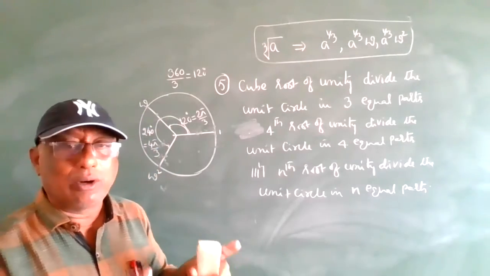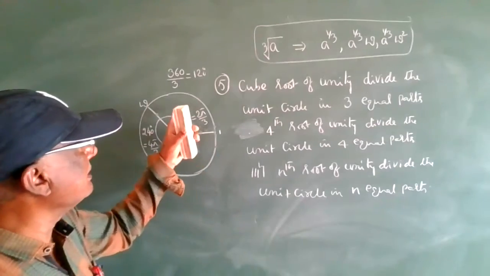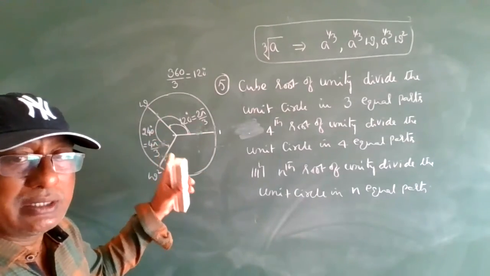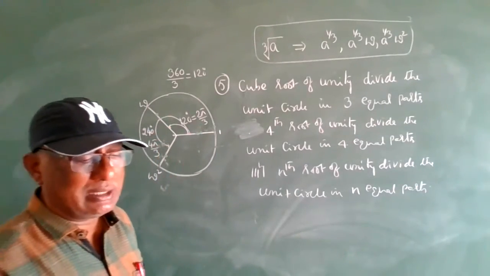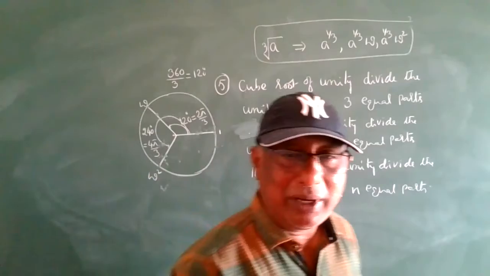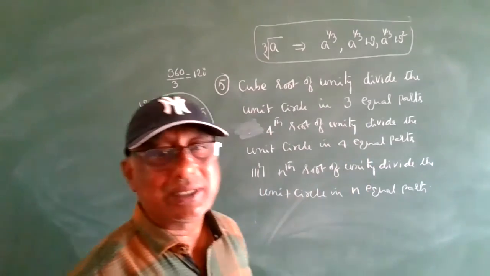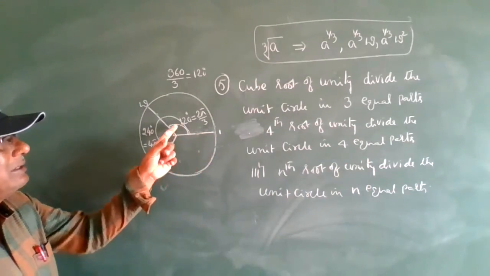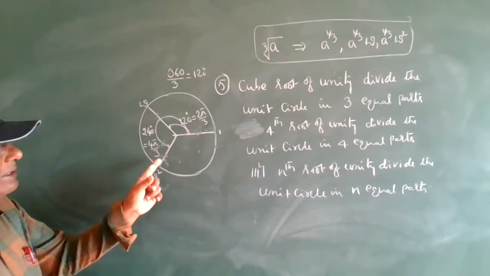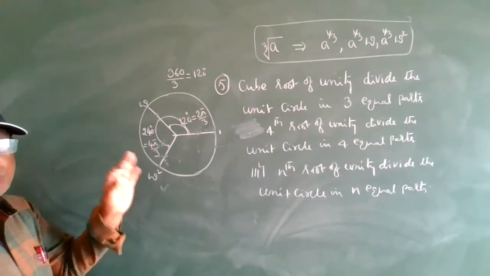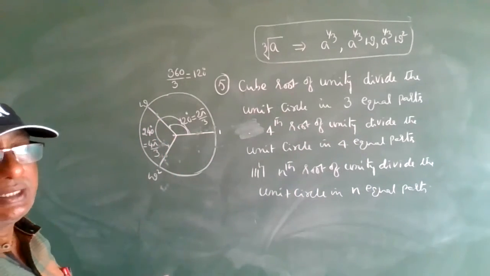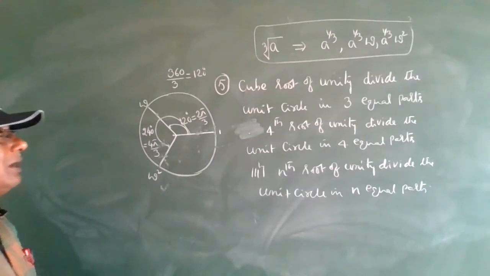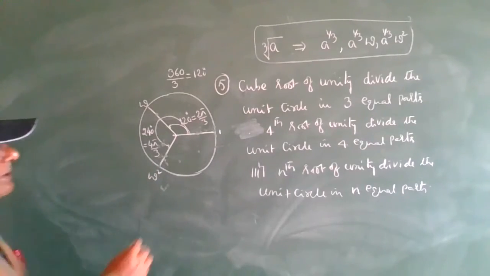Total is three equal parts: this is the one part, this is the two part, this is the three part. Each angle is as shown: 0 degrees, 120 degrees, and 240 degrees. Is it clear, everyone?